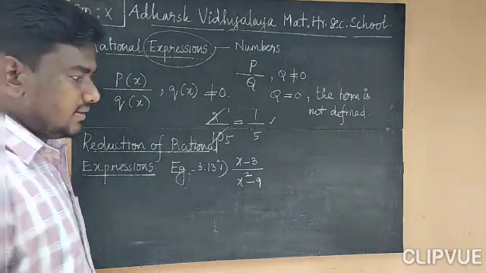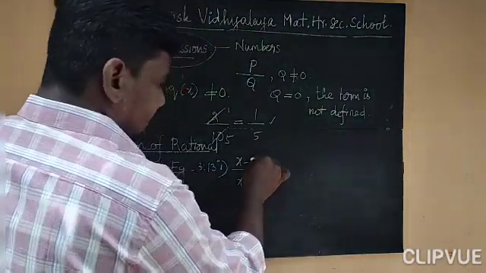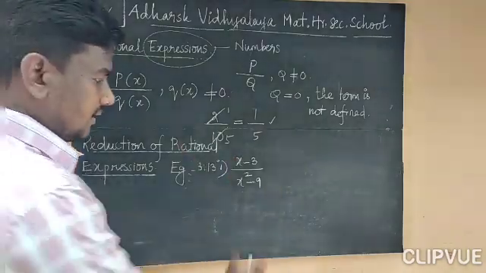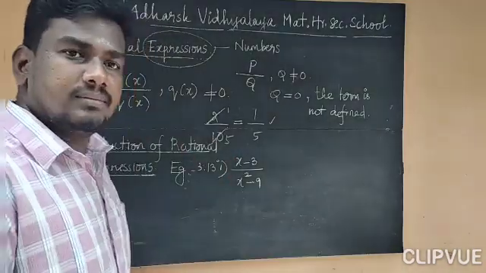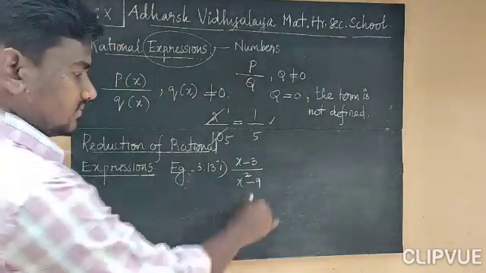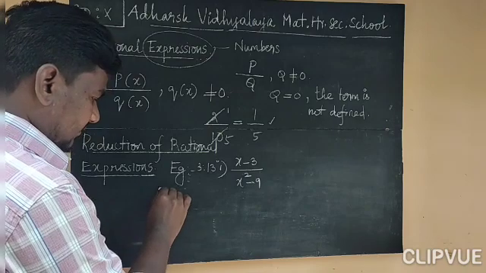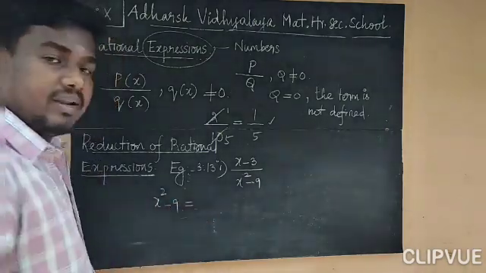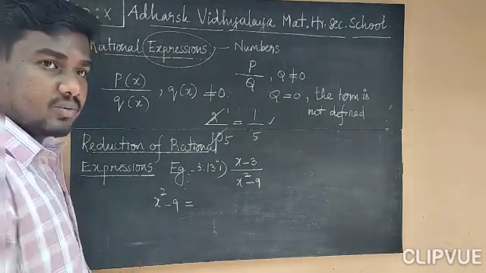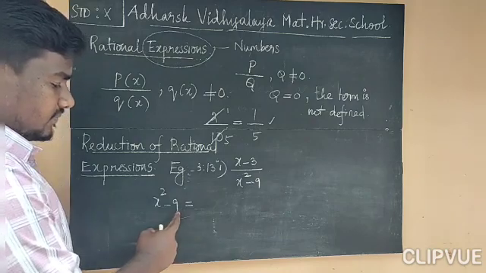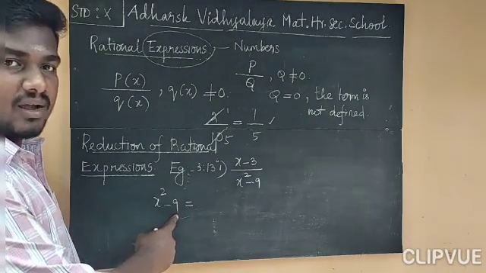Find their common factor. First, x minus 3, we cannot simplify this. It is in the linear factor form. But this is a quadratic polynomial, so we can find its factors. Find the factors of x square minus 9. It is an algebraic identity, a square minus b square.